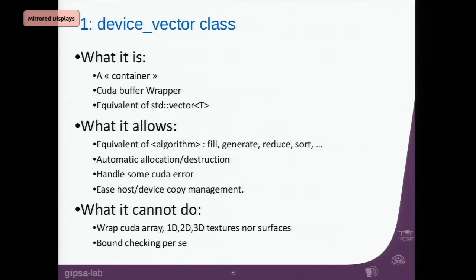And as it's designed to be fast, you have no bound checking. For instance, people that use the std vector .at with bound checking can't do that easily with Thrust. Okay.